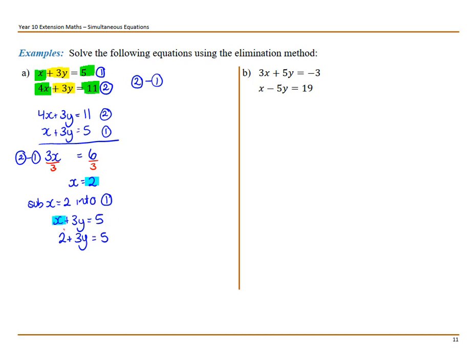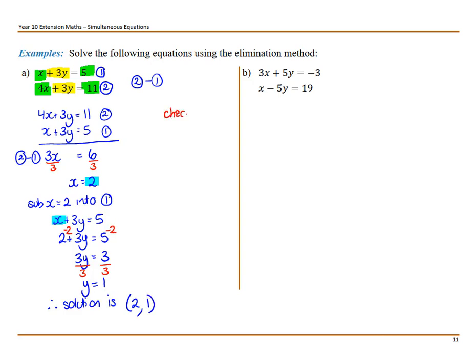We need to get y on its own, so we're going to take 2 from both sides. So we have 3y equals 3, and then to get y, we're going to divide both sides by 3. So y equals 1. So therefore, the solution is x is 2, y is 1.